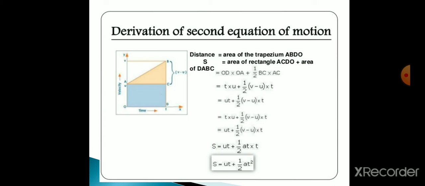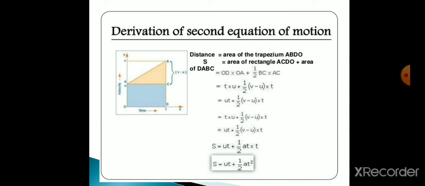From the figure, we know the area under the line AB will give you the distance or displacement. Taking the portion below AB, we can separate it into two. One as a triangle ABC and the other as a rectangle OACD.